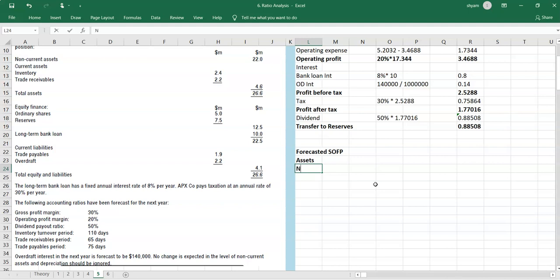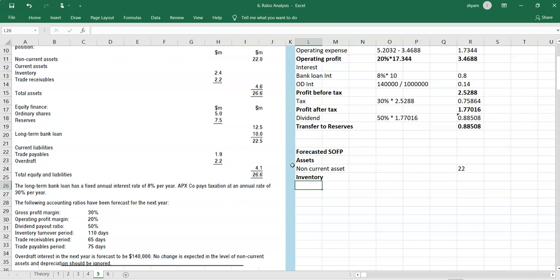First we'll start from non-current assets. For non-current assets, there is no information, so it would be the same. It would be 22. Then we have inventory.